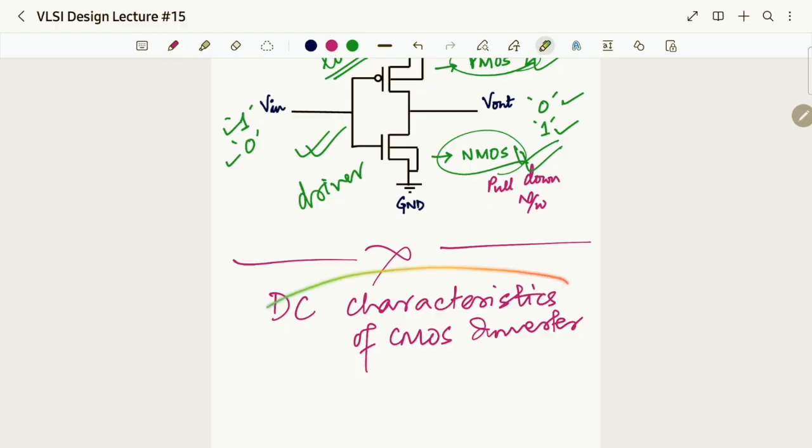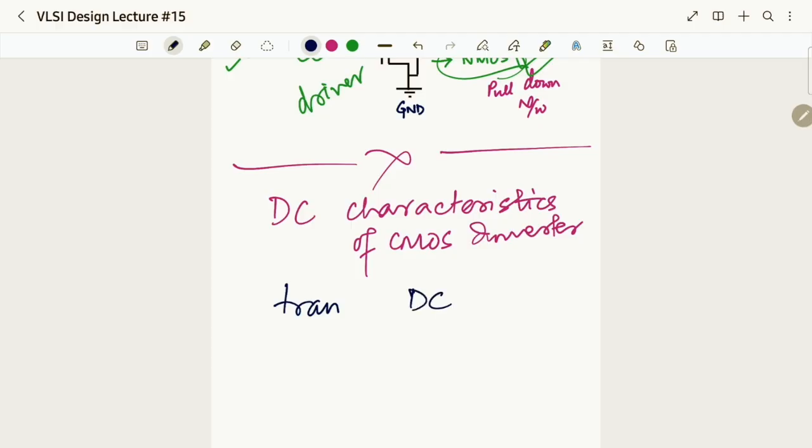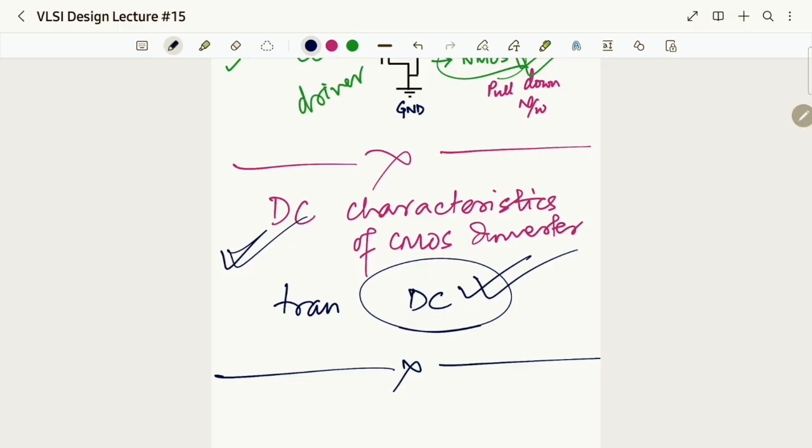Don't worry, you have already seen this. Seen it where? In our Virtuoso lab. You remember that we had two curves. One was transient, another was DC in our results window, isn't it? So in our next class, we are going to understand the DC curve or the DC characteristics of our CMOS inverter. I hope you loved today's session.